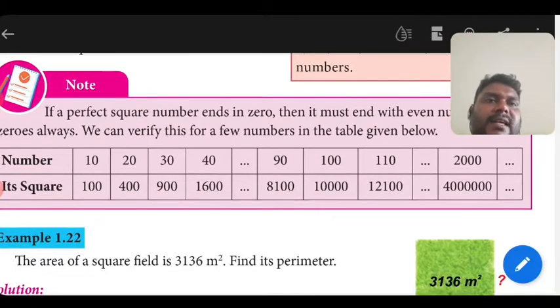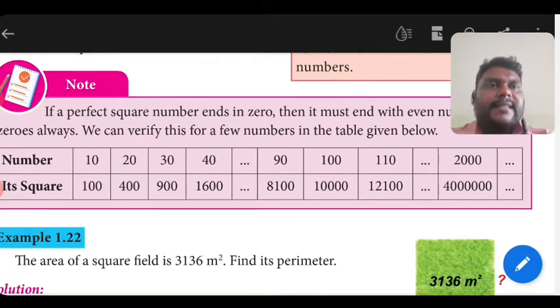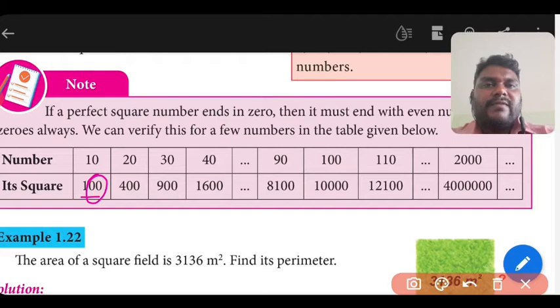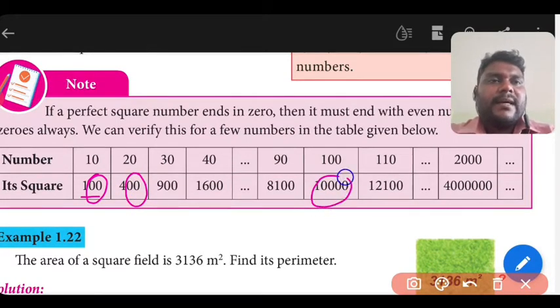If numbers have zeros, based on the zeros we can say whether it's a perfect square or not. 100 has two 0s, so it's a perfect square. If the number of zeros is an even number, it's a perfect square number.